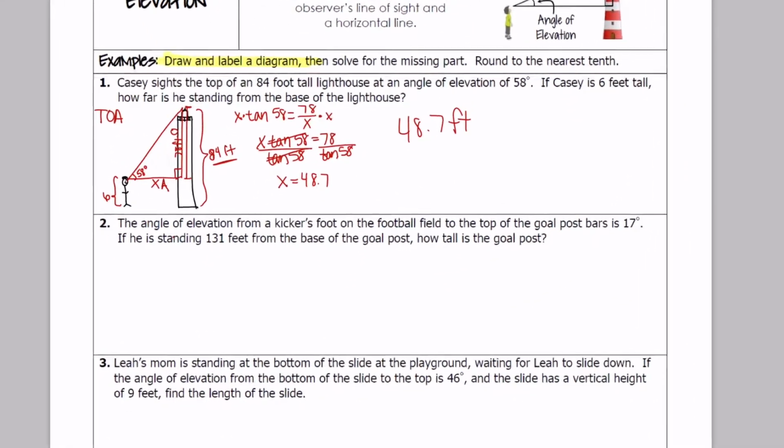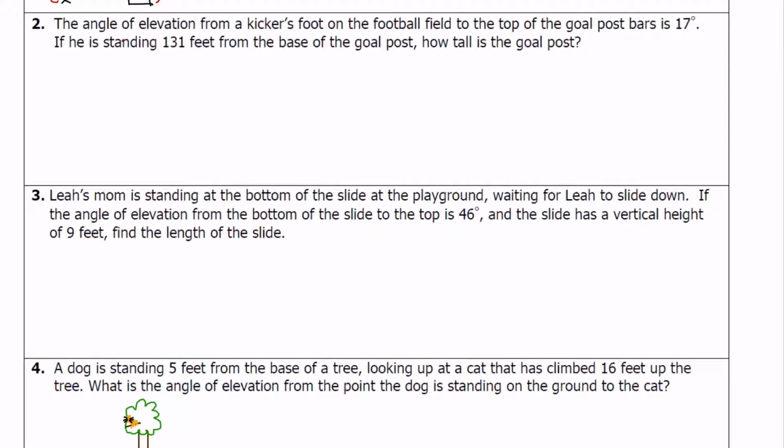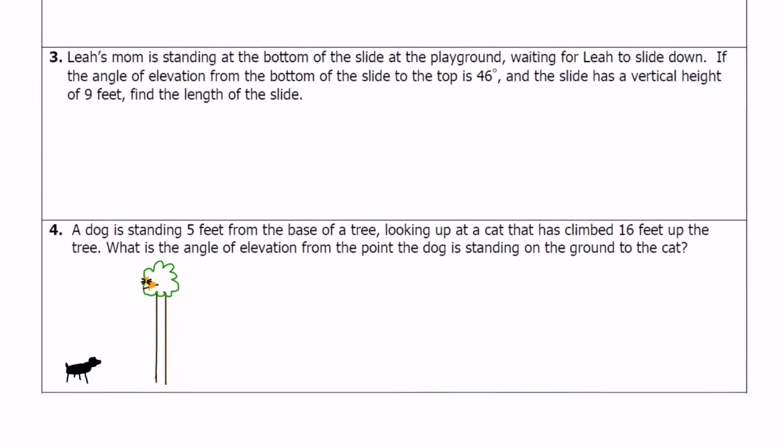Like on number 2, the kicker isn't looking, but the angle of elevation from the kicker's foot to the top of the goalpost bars is 17 degrees. And so you have to draw your picture and determine how you're going to use this information to draw your right triangle.